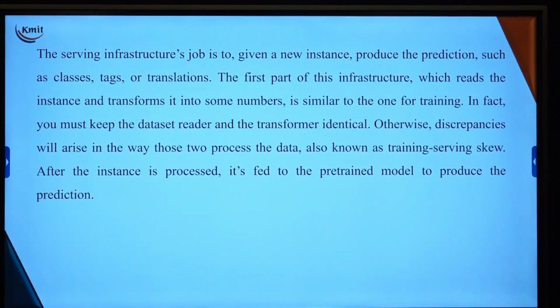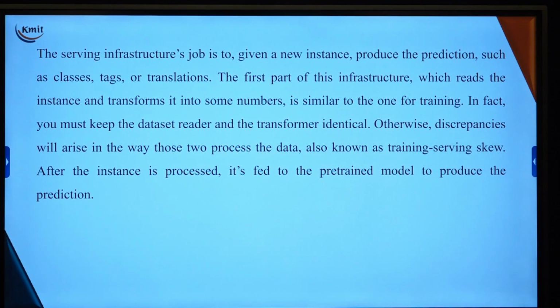Now this serving infrastructure takes a new instance and produces the prediction, such as classes, tags or translation, the NLP task. The first part of the infrastructure reads this instance and transforms it into some numbers. Other discrepancies will arise when you process this data while serving.